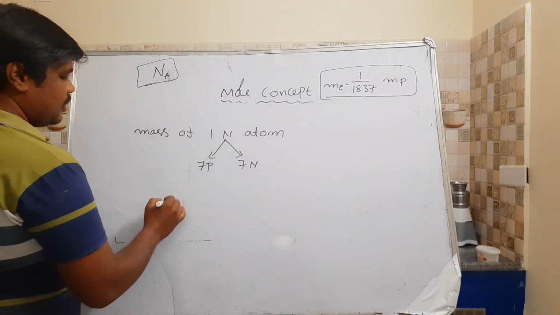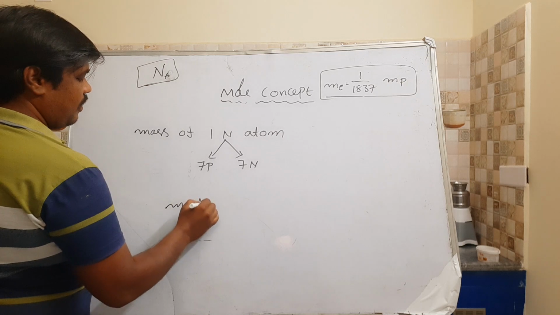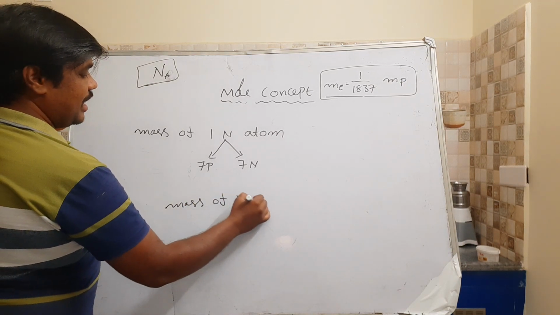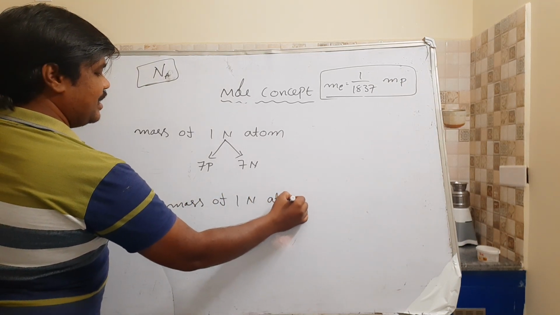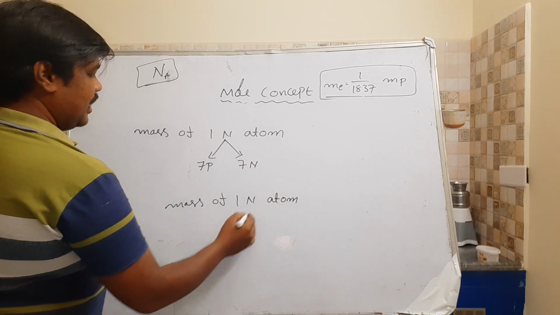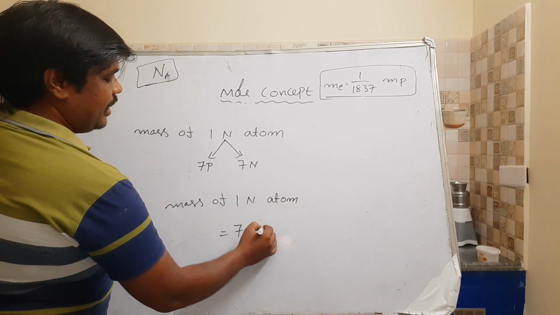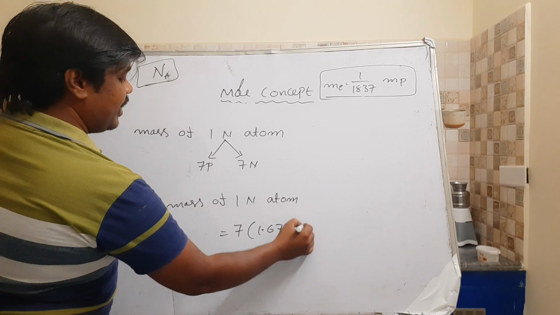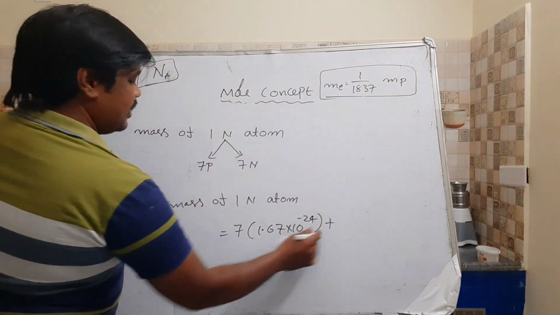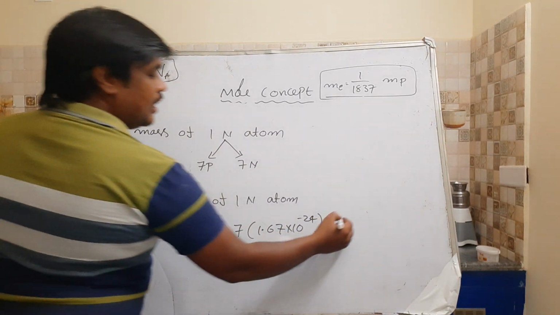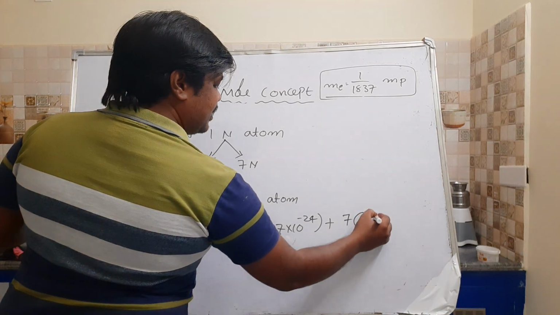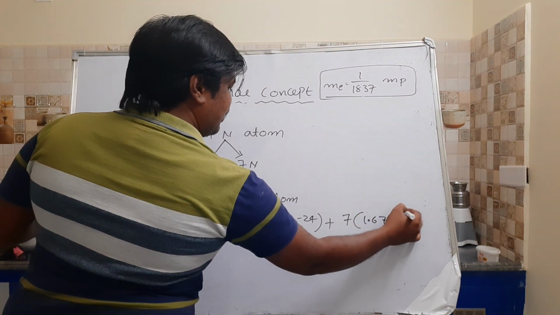Yes, students. So, mass of one nitrogen atom is equal to 7 into 1.67 into 10 to the power of minus 24. This is the mass of protons. 7 into 1.67 into 10 power minus 24.